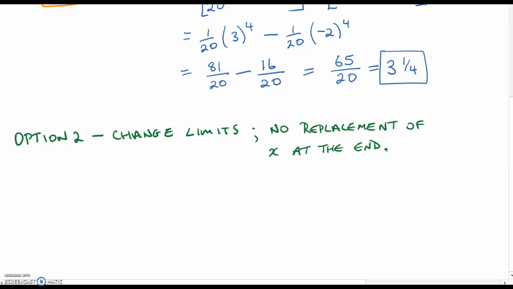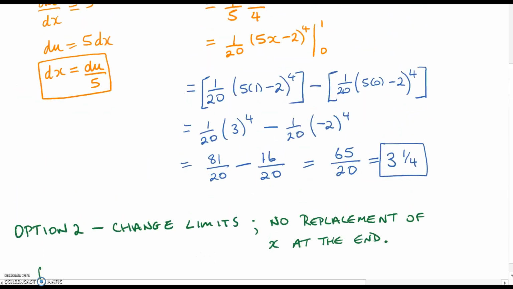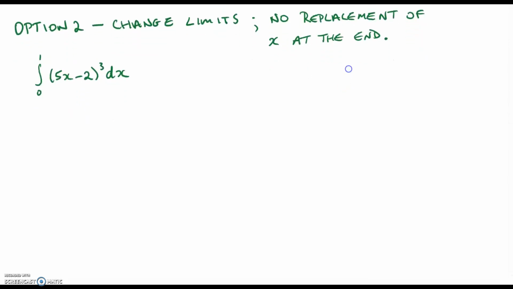Okay, so again, just to recap, the integral here is 5x minus 2 cubed dx, and the original limits were from 0 to 1. So what we're going to do in a couple of different steps.